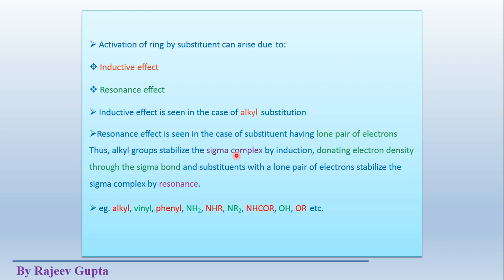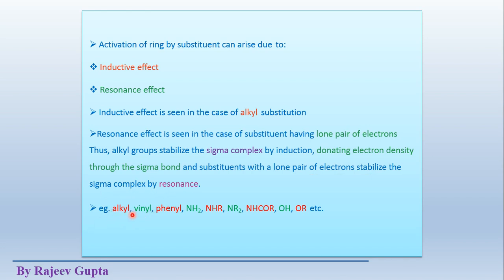Okay, so in the formation of the sigma complex by induction, these alkyl groups donate electron density through the sigma bond, which is called the inductive effect, and substituents which contain a lone pair stabilize the sigma complex, or Wheland intermediate or benzenium ion, by resonance.